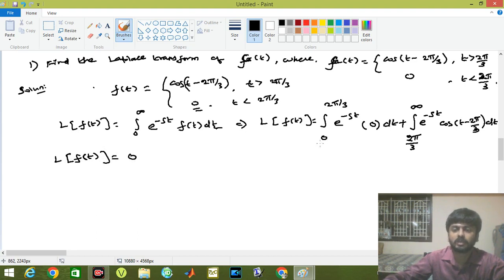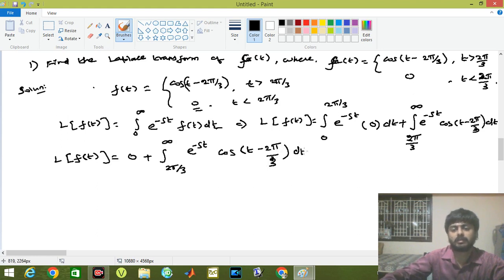Integration of 0 will return 0. Actually you will have some integration constant, but we are not considering it here. So 0 plus integral 2 pi by 3 to infinity e power of minus st cos of t minus 2 pi by 3 dt.